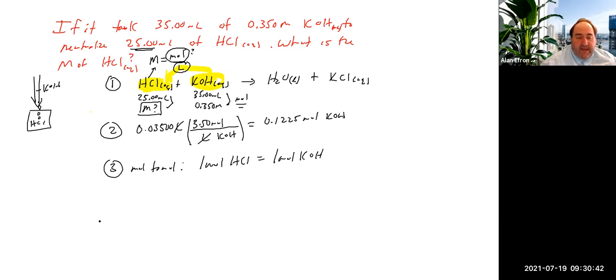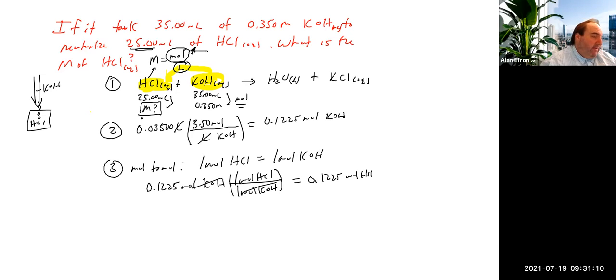That means that 0.1225 moles of KOH, using that as a conversion factor, 1 mole KOH, 1 mole of HCl, they cancel each other out, gives 0.1225 moles of HCl. That is the top part here that we needed.